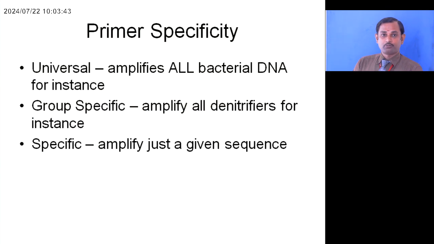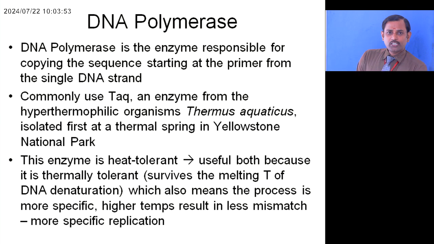We need to take extra care when selecting the PCR primer. And the DNA polymerase, as I have already told you, is very important because this is the enzyme which adds nucleotides to the template strand as a complementary strand. For the synthesis of the complementary strand, the DNA polymerase is very important.